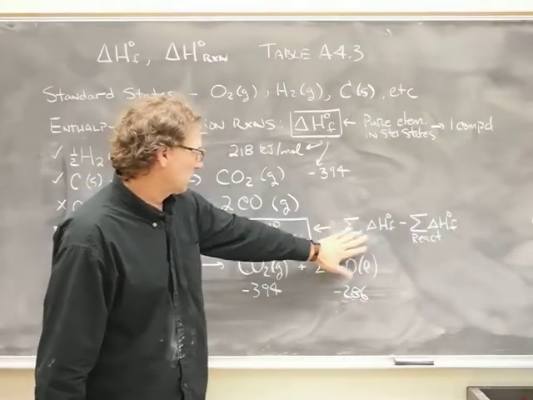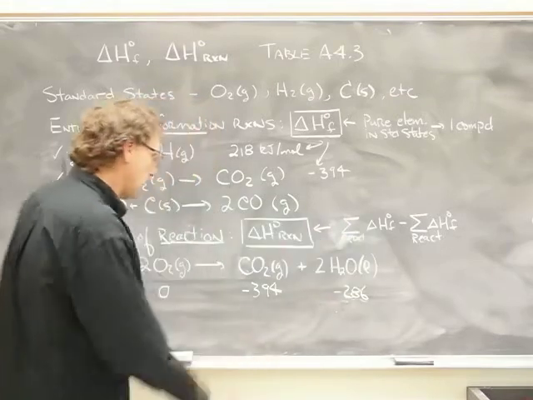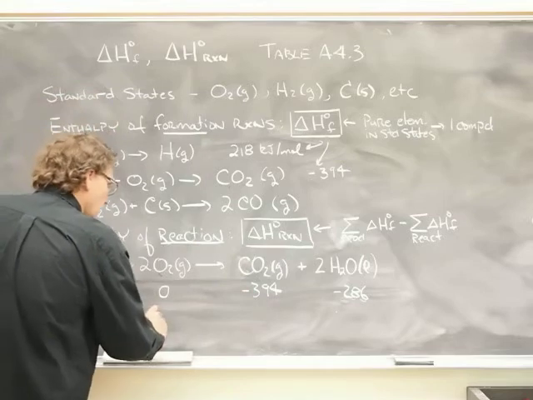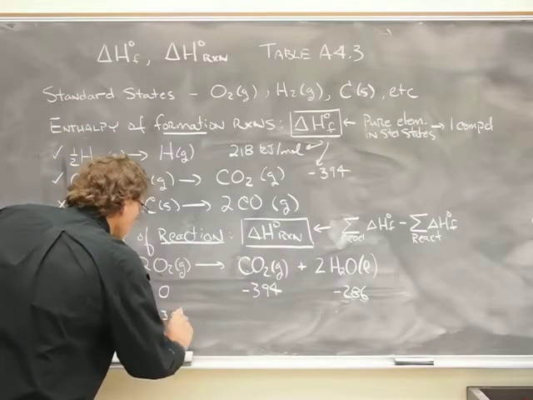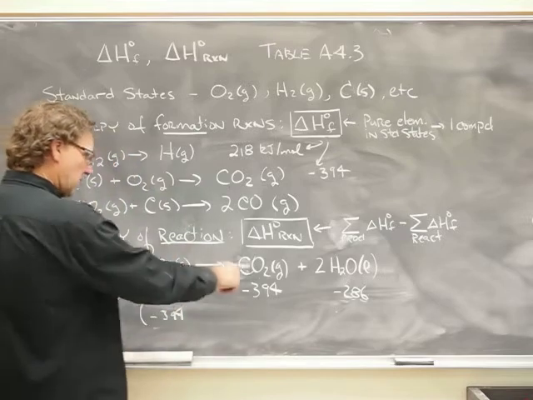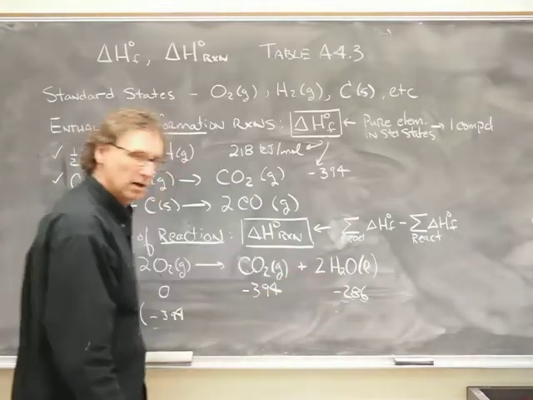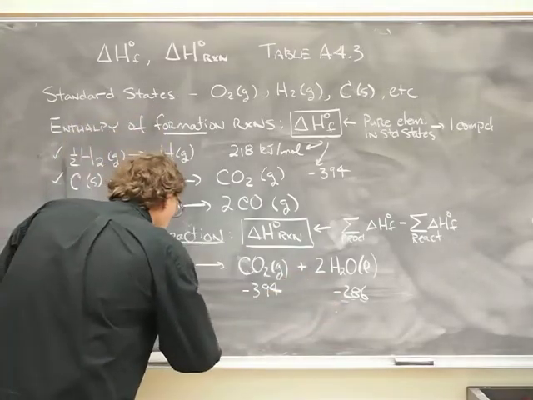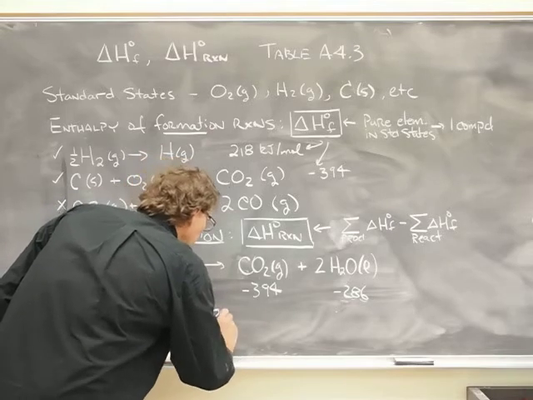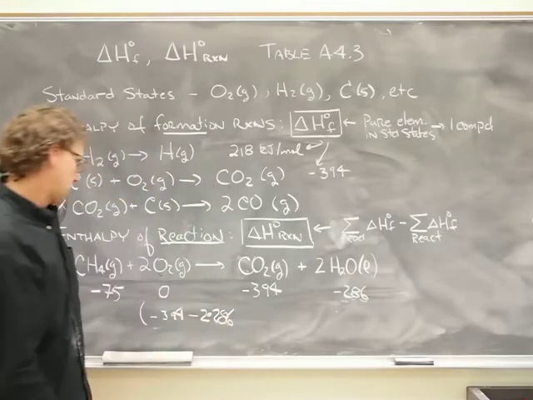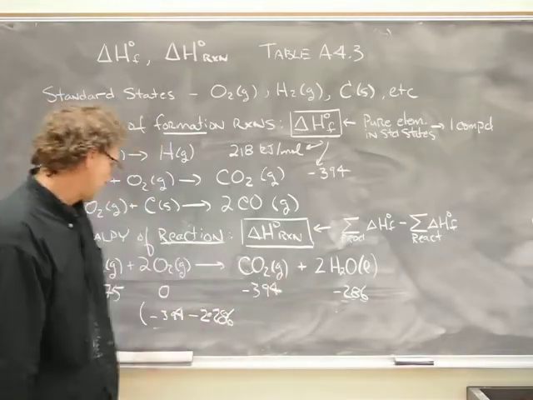I'm going to add up all the enthalpies of formation of the products, and that's this. I have minus 394, and now I'm going to add on to that twice minus 286. That takes into account the stoichiometric coefficient, and there was a minus sign there.